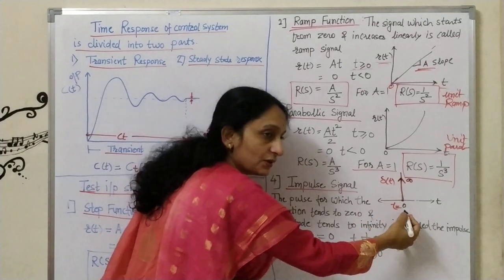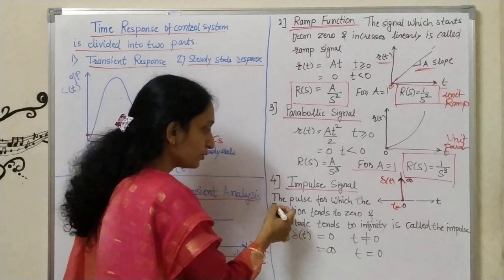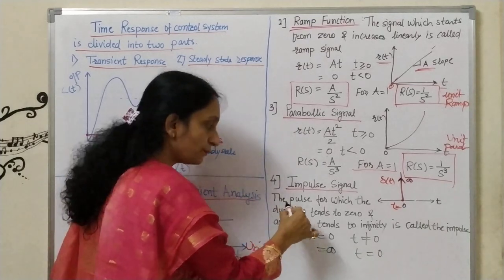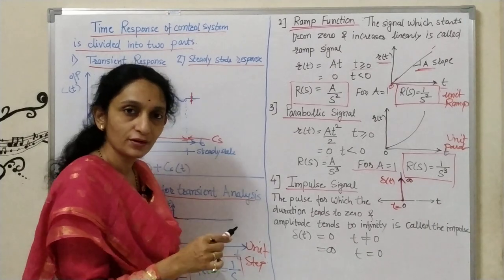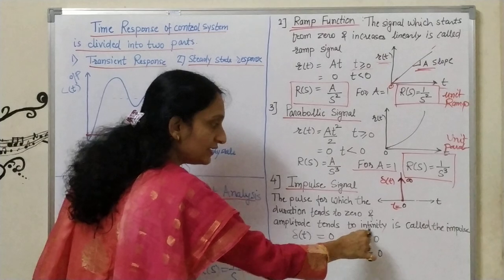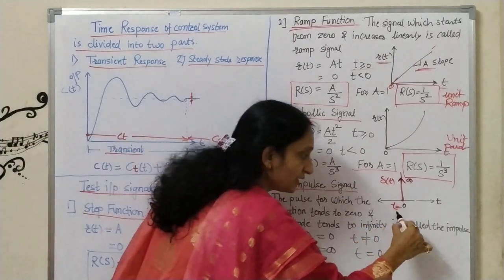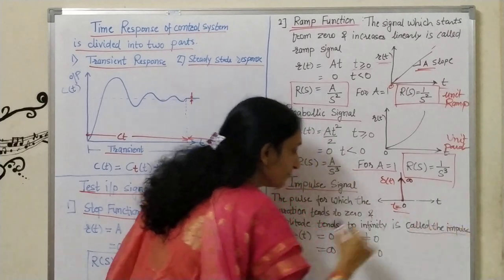That means when t is equal to 0, we are getting amplitude, we are getting a response. So here the definition is the pulse for which the duration tends to 0 and amplitude tends to infinity is called an impulse.